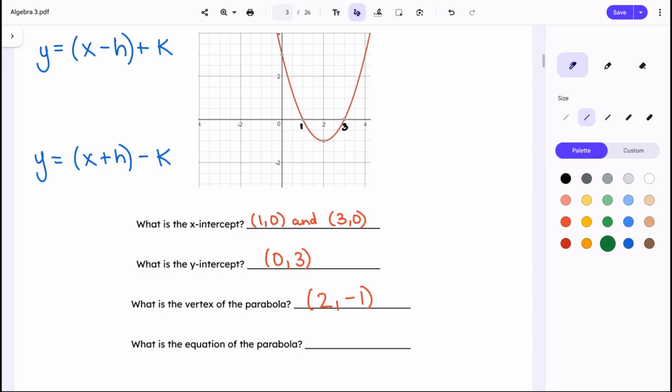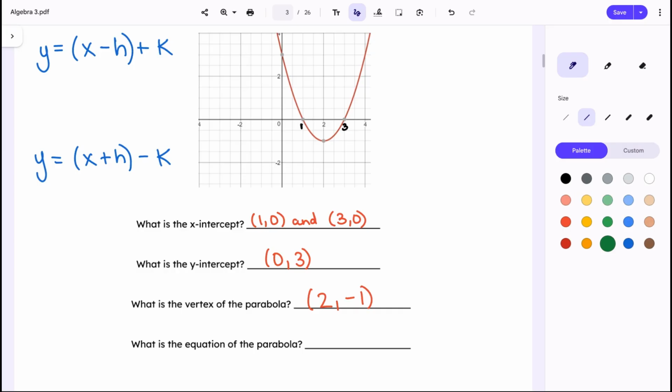When I look at the vertex form, if there's a subtraction sign inside of our parentheses, think about when we talked about that with the absolute value graph. The one that we saw at the very beginning of the lesson was the absolute value of x plus 1. And remember that plus 1 caused it to move to the left. It's always a little bit backwards to think about that, because when we think plus, we think positive, so we automatically want to go to the right.